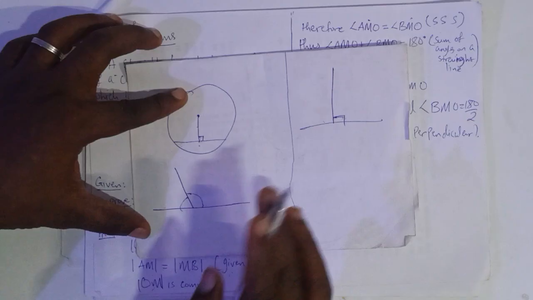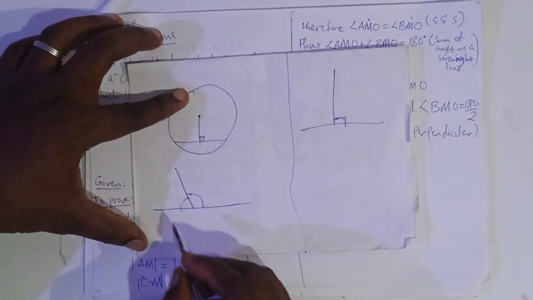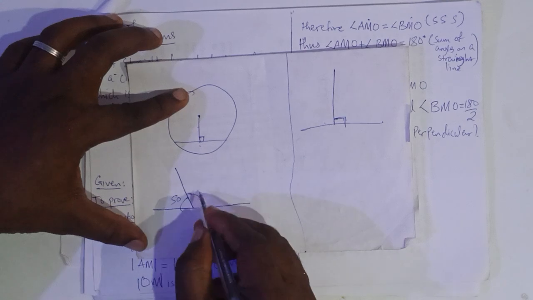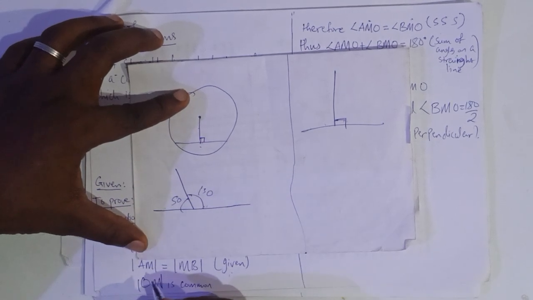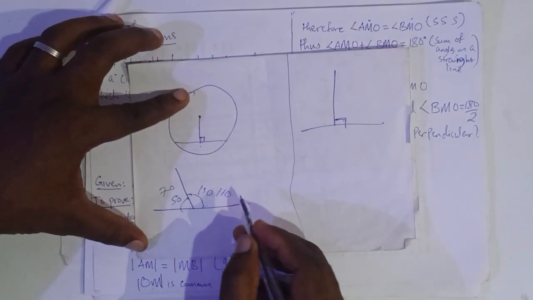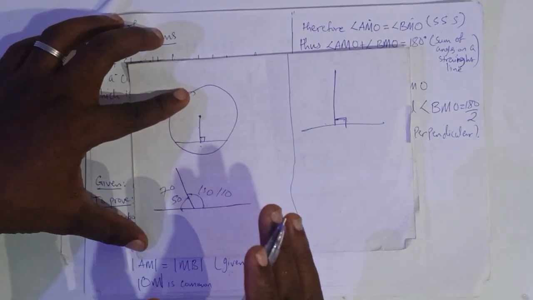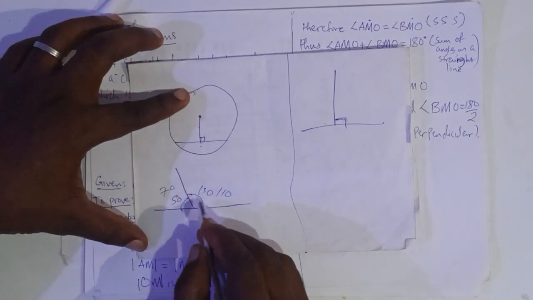So the general rule in mathematics says the sum of angles on a straight line must give you 180 degrees. So if this place is 50, for example, that means here must be 130. If this place is 70, that means here must be 110. In each case, the sum of angles on a straight line must give you 180 degrees, all right?